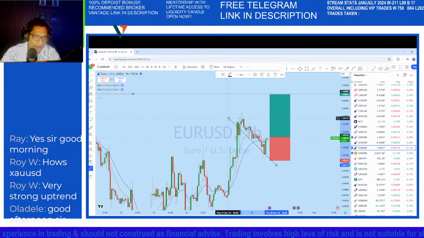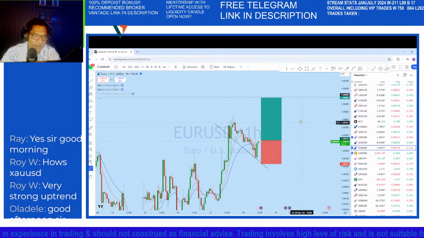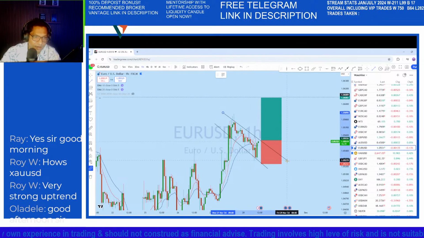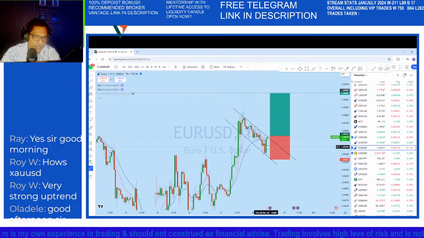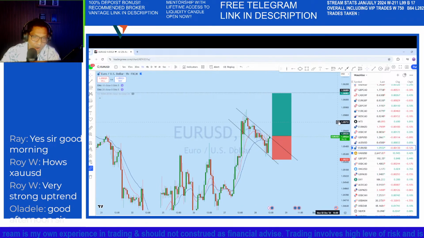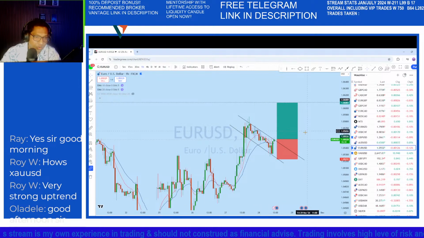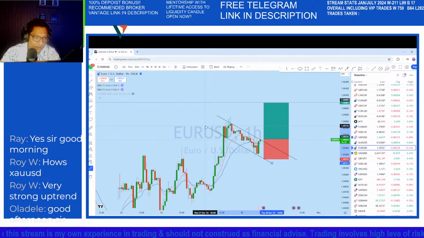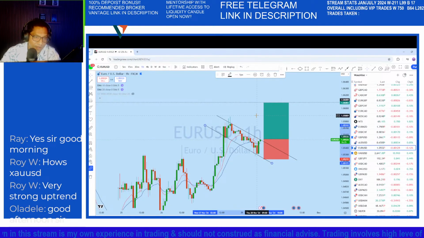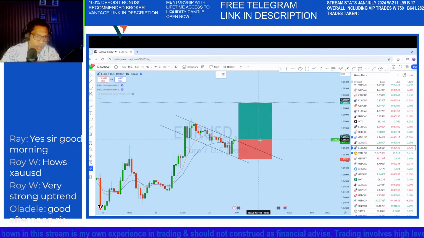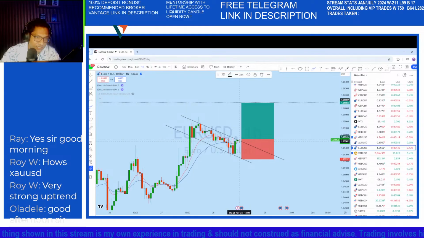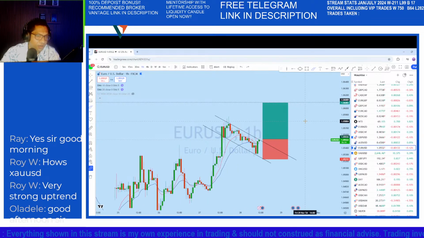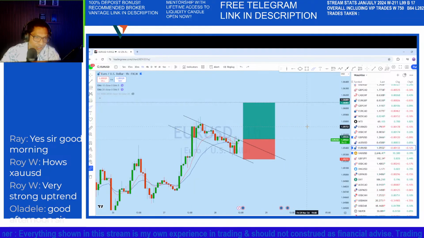You can see that this is the bull flag, and from this bull flag there is a bounce. If you look at it, the market managed to break out from that bull flag, as it also grabbed liquidity from here. I'm expecting it to trend in that direction to this level here, to the liquidity zone.